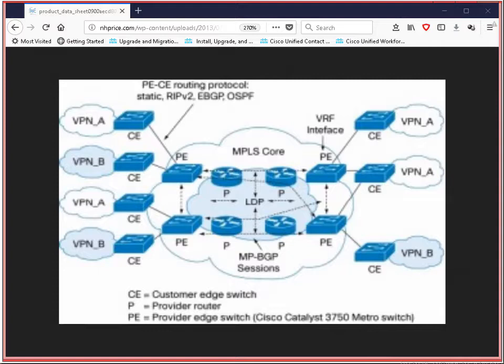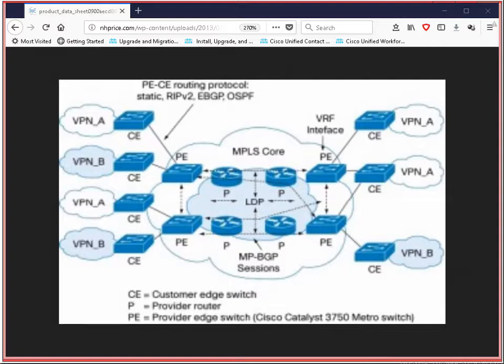In the case of the actual MPLS core, the MPLS packets are assigned labels. Then packet forwarding decisions are going to be made solely based on the contents of those labels. So there's no need to examine the packet itself. This gives us essentially an end-to-end circuit across any type of transport medium using MPLS.